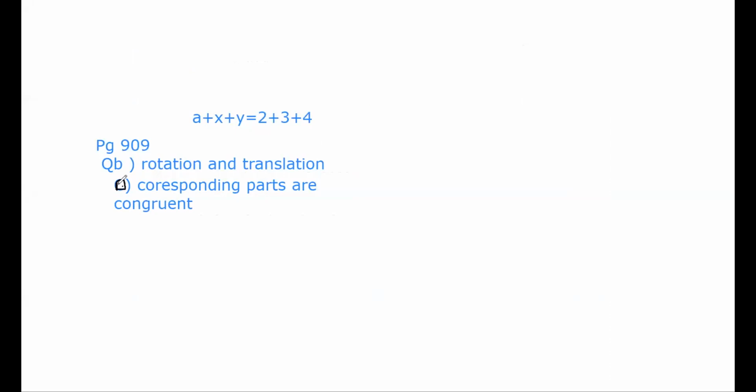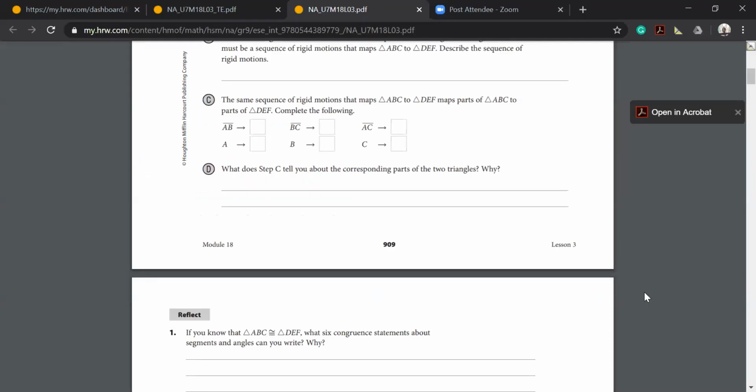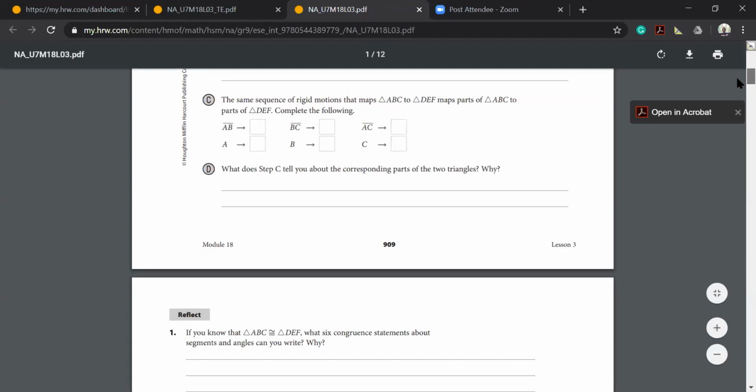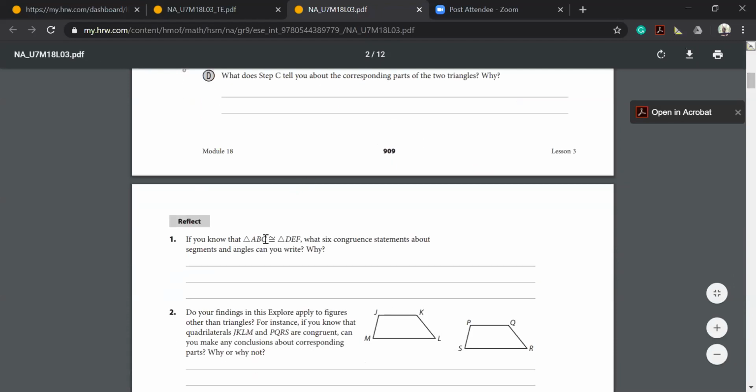Okay, so going back to the book, Reflect 1. If you know that triangle ABC is, and this thingy, we said what is this? Means congruent. So if you know that triangle ABC is congruent to triangle DEF, what 6 congruent statements about segments and angles can you write?